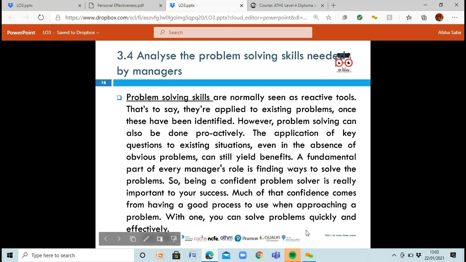A fundamental part of every manager's role is finding ways to solve problems. So you've got to be a confident problem solver, and that is extremely important to your success as a manager. When you're confident and you have a good process for approaching problems, that will actually help you to identify and maybe even stop or reduce those problems from happening quickly and effectively.